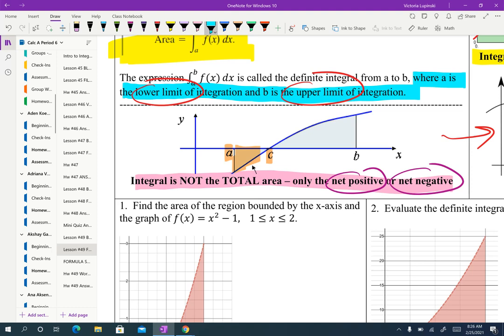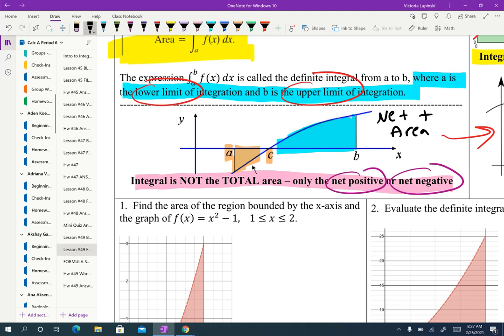Then if you were to calculate from C to B, that would give you a positive answer. So algebraically, if you add a positive to a negative, you're going to get an answer that represents the larger piece. Because the blue positive region is larger than the orange negative region, the answer that you find is only going to represent the net positive area, because some of the orange will take away some of the blue.